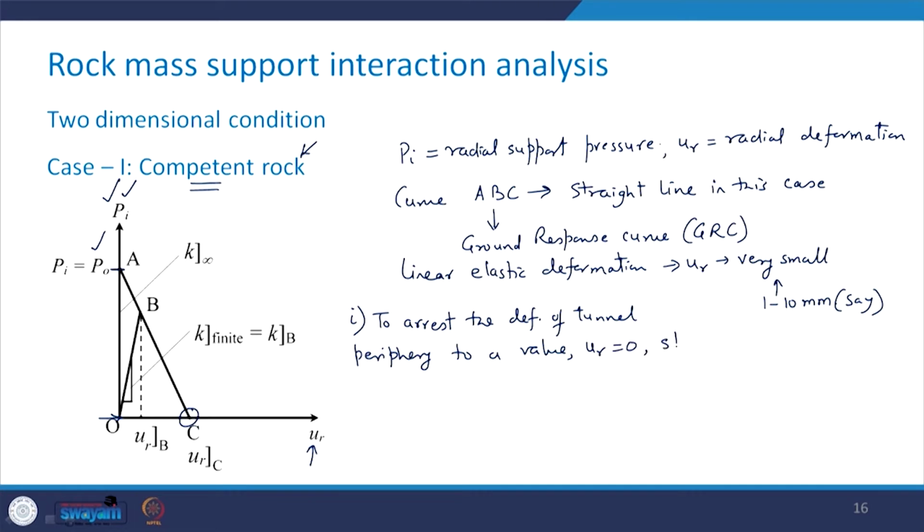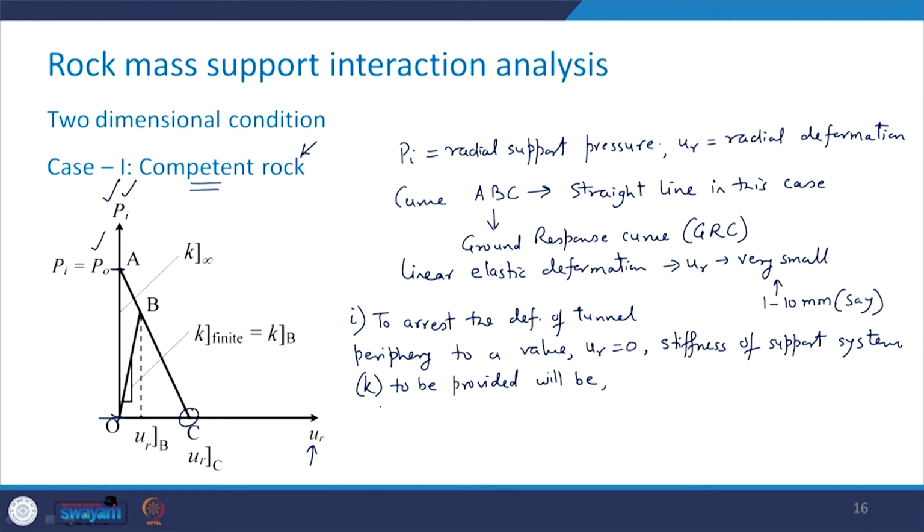So the stiffness of the support system, which I am writing as K, to be provided will be what?